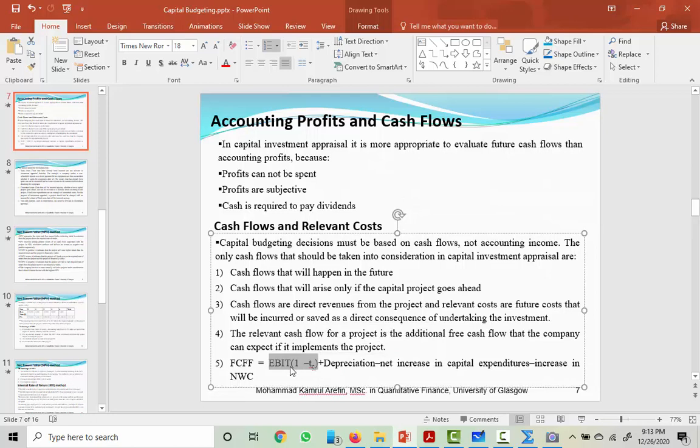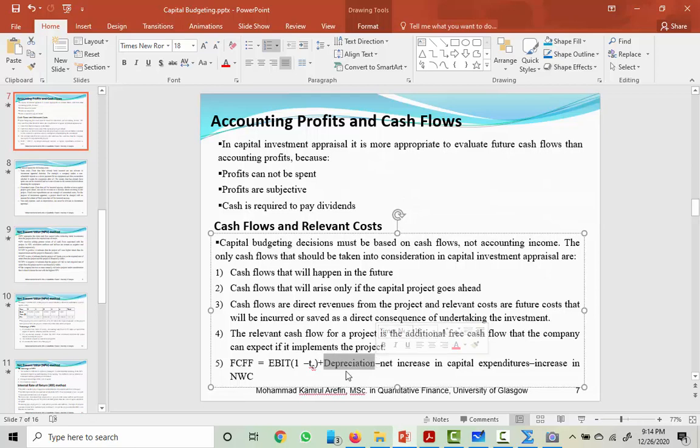We need to multiply it by 1 minus the corporate tax rate. That means the amount of earnings you are left with after paying tax is what should be considered here. Along with this, we need to add depreciation expense.